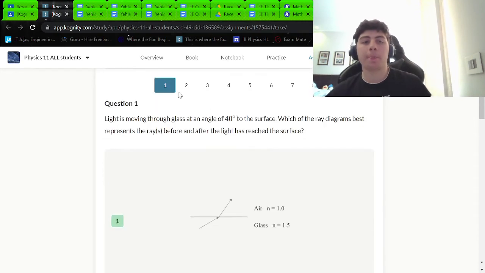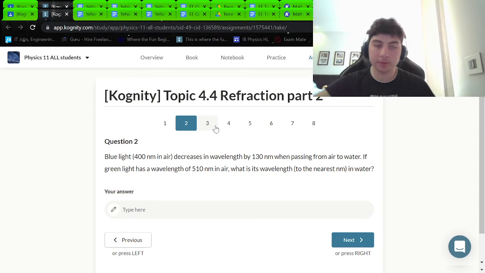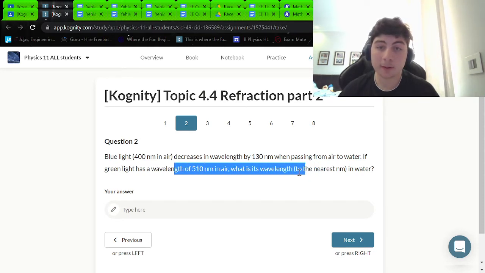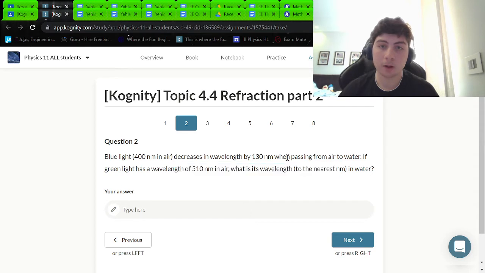Okay. So that's paper 1 questions. Oh, there we go. Let's do paper 2. Blue light, 400 nanometers in the air, decreases in wavelength by 130 when passing from air to water. If green light has a wavelength of 510 in air, what's the wavelength to the nearest millimeter in water? Oh my God.